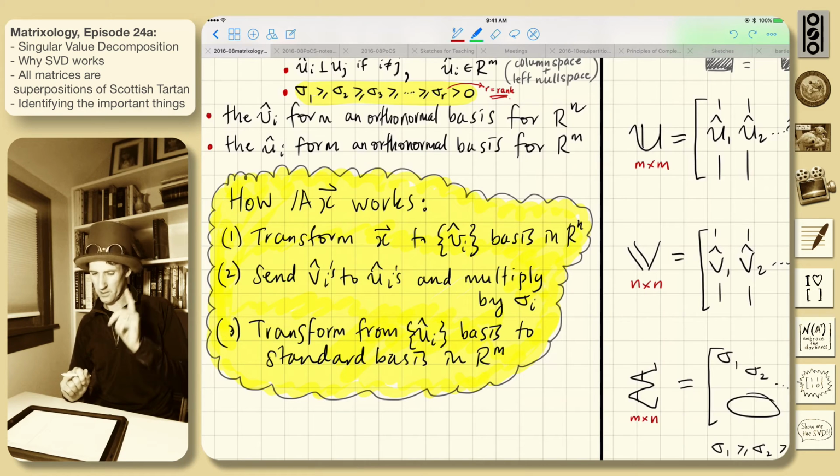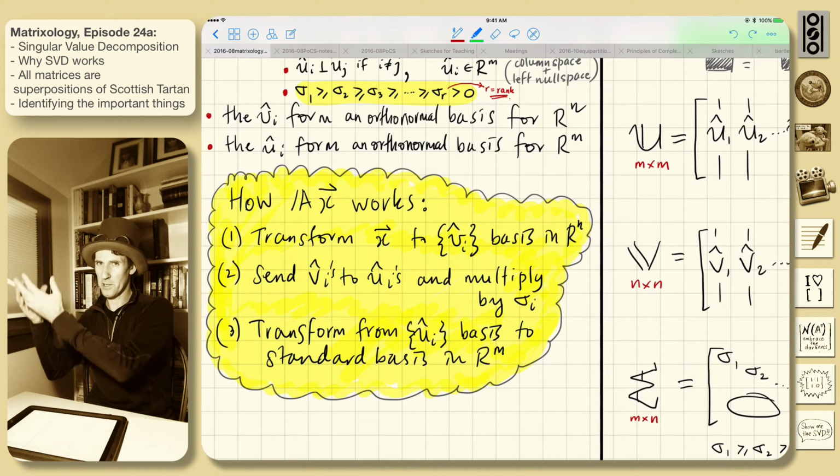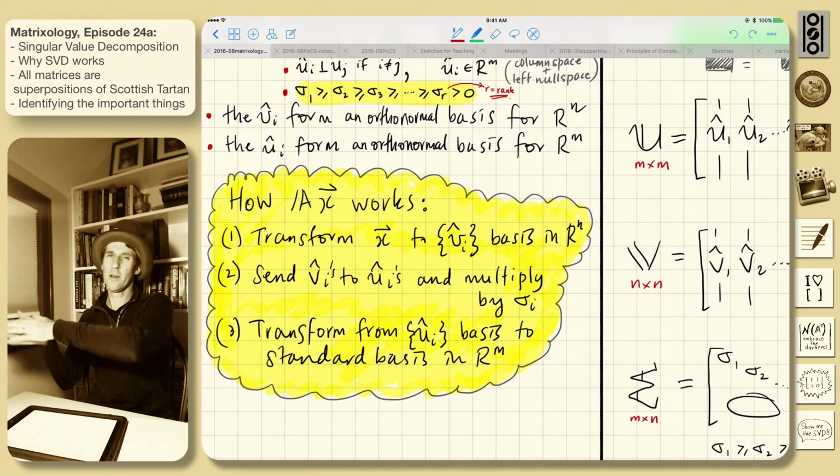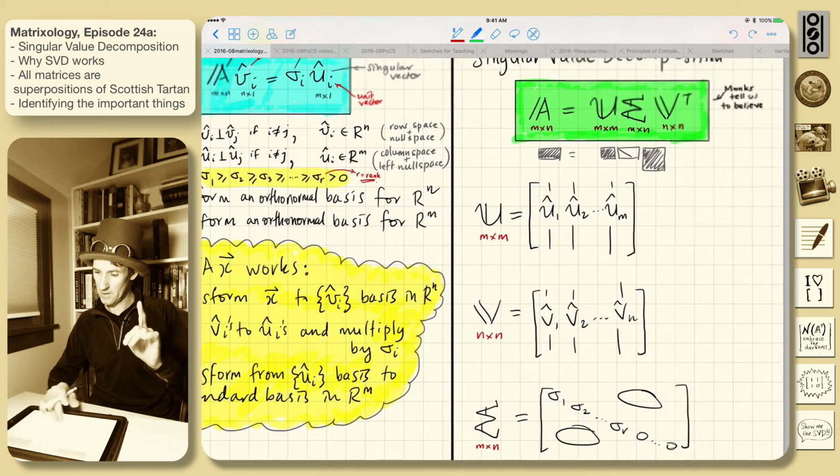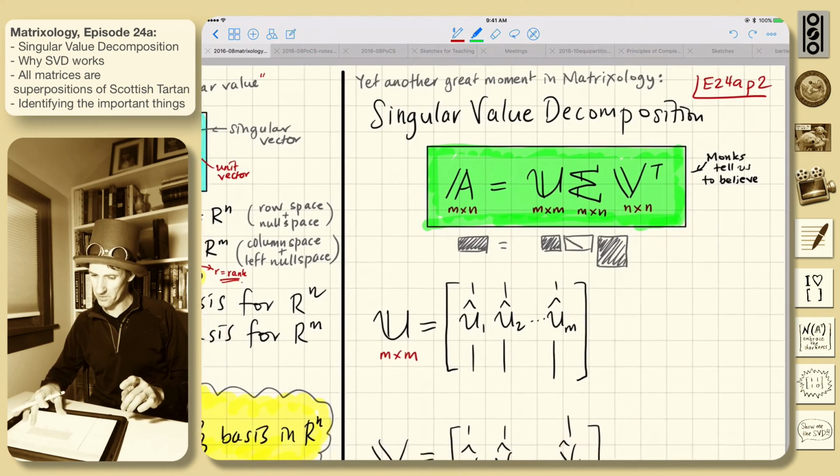And then the sigmas are just positive. Once we've got them over here, we transform from the U basis back to the standard basis underlying Rm. So we lift from the standard basis to the V basis, do the mapping over to the U's, and then back to the standard basis. Okay. And that looks like this in terms of matrices.